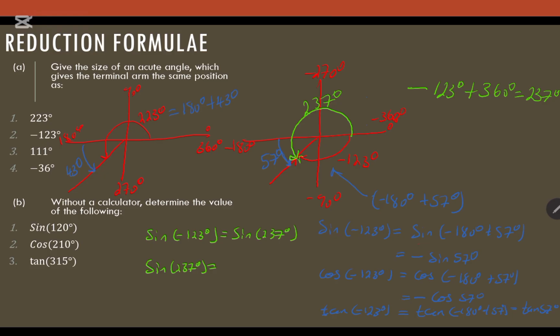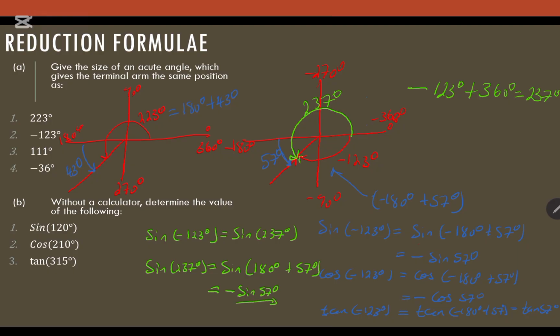So sine of 237 degrees can be expressed as sine of 180 degrees plus 57 degrees. And we say 180 plus the acute angle that lands us in the third quadrant. Therefore, only tangent is positive there. So this is the same as negative sine 57 degrees.